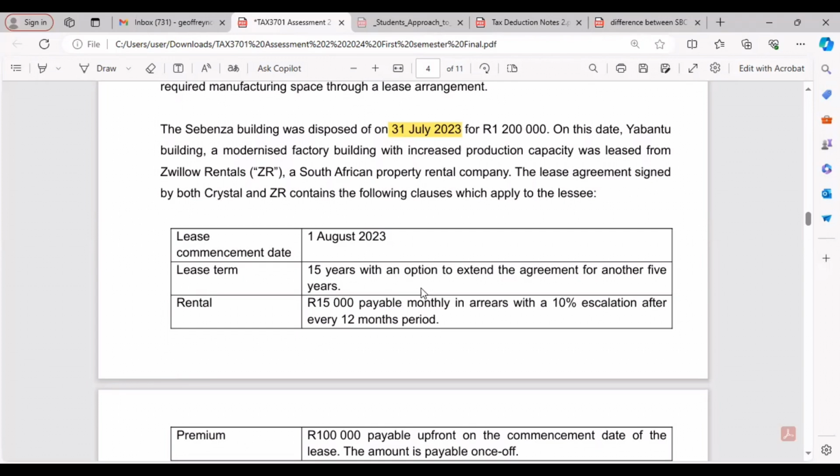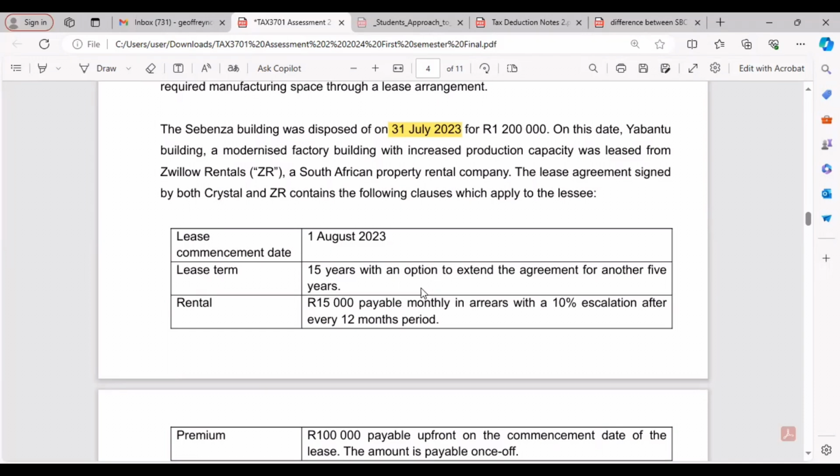They didn't tell us. Other questions would tell us that we started the improvements on this date. Okay, my question is, what if we signed the lease agreement by 1st August 2023, but the improvement commenced on 1st September and ended on the same date, which is 30 November?